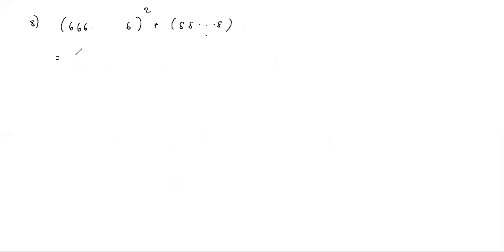So 6 square common, multiply with 9 square, so 9 and so on, 9 whole square. Here you have to take only 8 by 9, 9 and so on, 9 and times. Okay? 6 square, 36 by 81, 4 by 9.